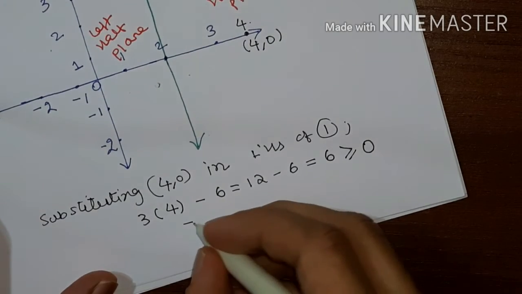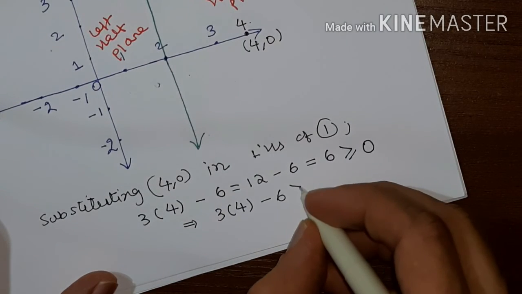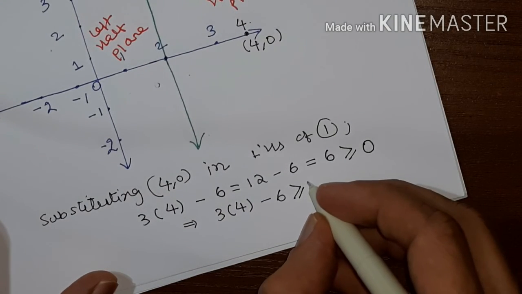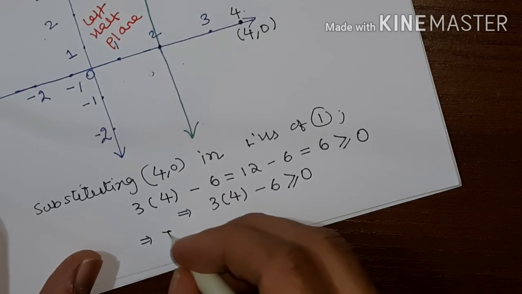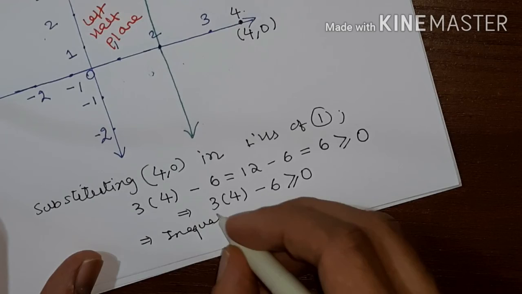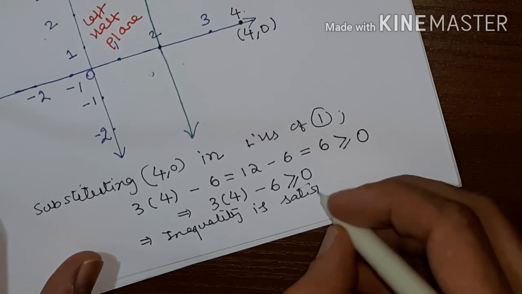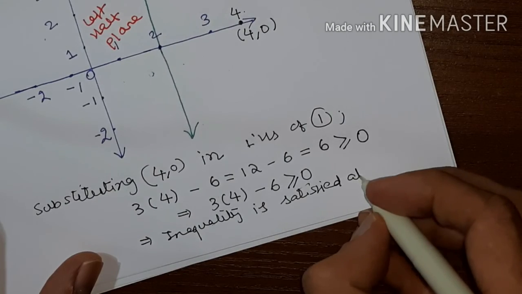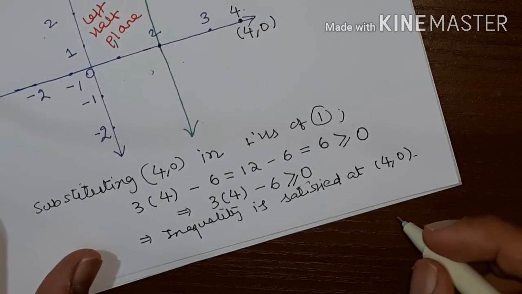So what you have got? 3 times 4 minus 6 is greater than or equal to 0. So this implies the inequality is satisfied at 4 comma 0.